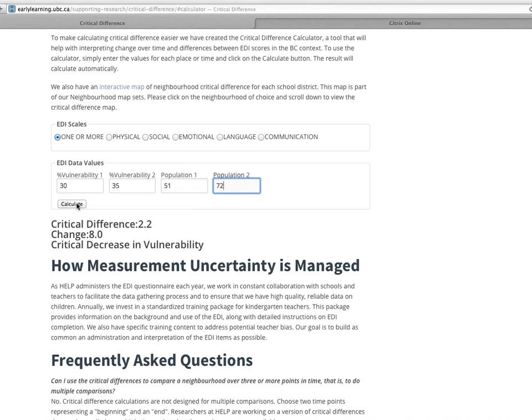So once again, you guys can play at home, and you can make a prediction if you think this is a real change. So we have a 5% change, and is this a real change? And the answer, no, it is not. So you'll see down here, it'll state no critically different change. The change here was 5%, and we needed a 9.3% change in Nisga'a to see change.